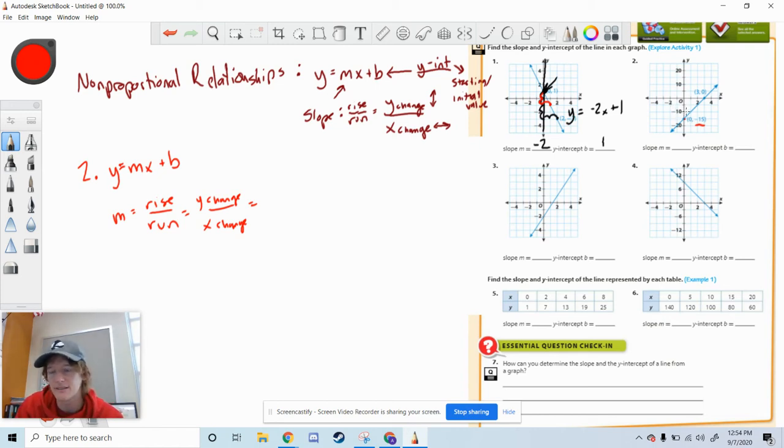So then, this line is going up, so we're going up 5, 10, 15. So our y change is 15. Our x is still going to the right. We're going over, that's not counting by 5, so that's 1, 2, 3. That's over 3, which can be reduced. We can divide by 3.